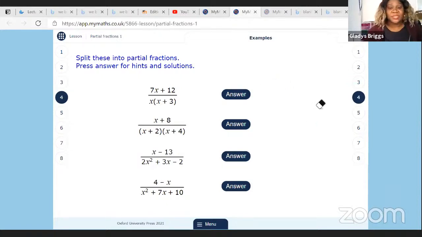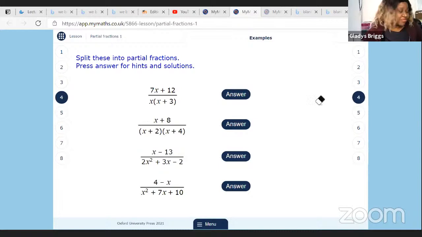Okay, so let's have a look at this one here. x plus 8 over x plus 2, x plus 4. Do it the same way we've been doing the other one. You just use the same method. Divide and then times by the top number.